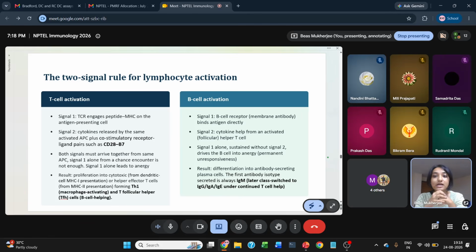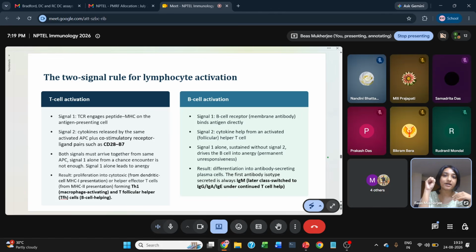Then proliferation into cytotoxic T cells, that is from dendritic cell MHC1 presentation, or helper effector T cells from MHC2 presentation forming Th1, which is T helper cell type 1, macrophage activating, and T helper cell type 2, which is B cell activating. T lymphocytes are differentiated.